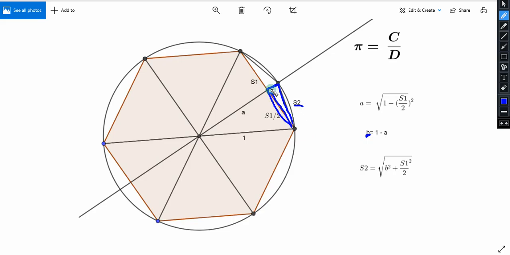So we can use the Pythagoras theorem here to find S2. Here this one is B, this is S1 by 2, so we take the square root of B square plus (S1 by 2) all squared, and the square root of that value will be S2. So let's move to the other section.